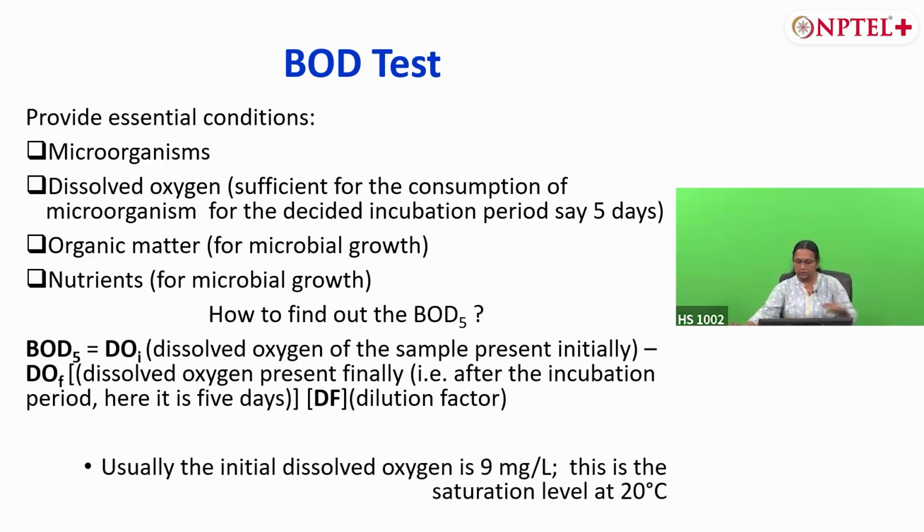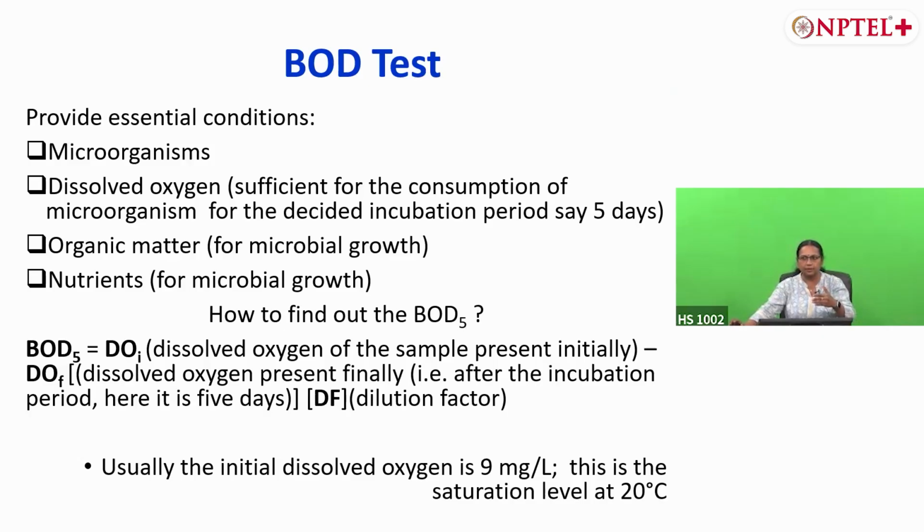Usually the initial dissolved oxygen is around 9 milligram per liter at 20 degrees centigrade. You all know Henry's law. As the temperature increases, what will happen to the dissolved oxygen concentration? It will be decreasing. And if TDS, total dissolved solids, increases, what will happen to the dissolved oxygen concentration?